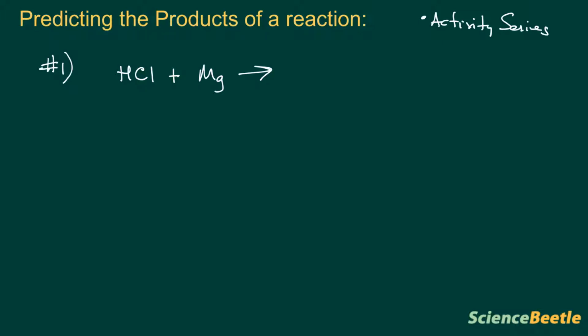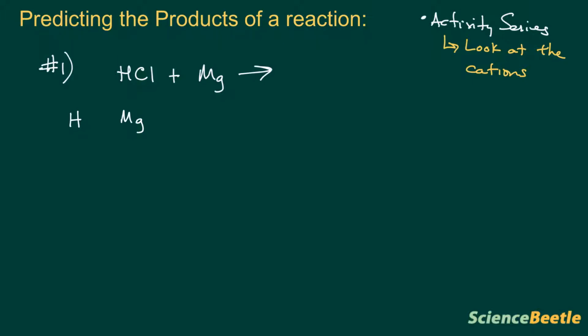What we've got to do is compare the cations. The activity series entirely deals with the cations, so let me put here, look at the cations. In this particular case, the two cations are hydrogen and magnesium. So the question we're asking is, is hydrogen greater or less than magnesium in the activity series?